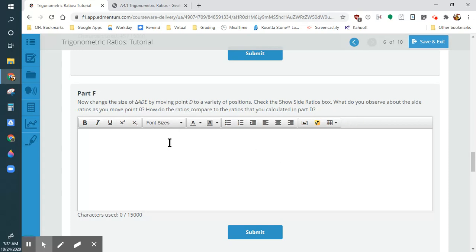How do you calculate the ratios? Okay. I made the triangle smaller, and yet the ratios were still the same.